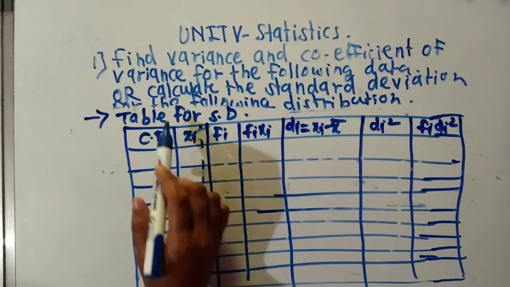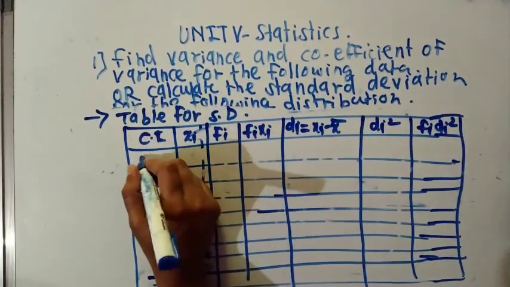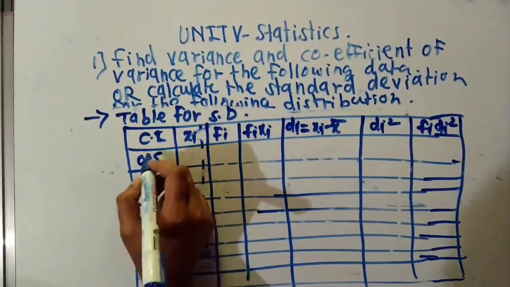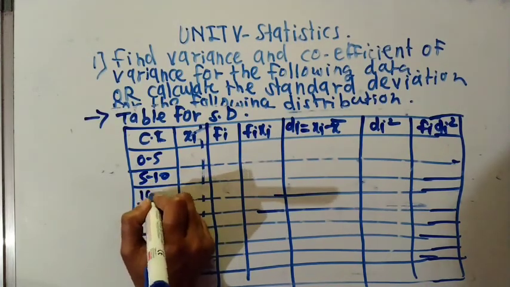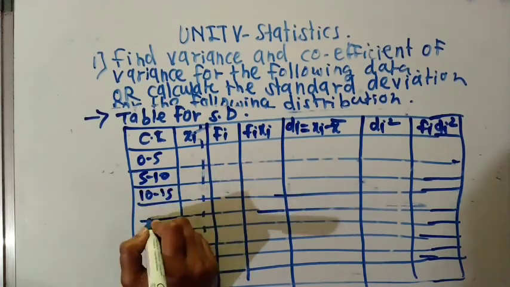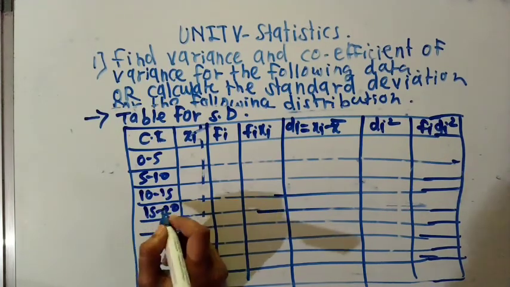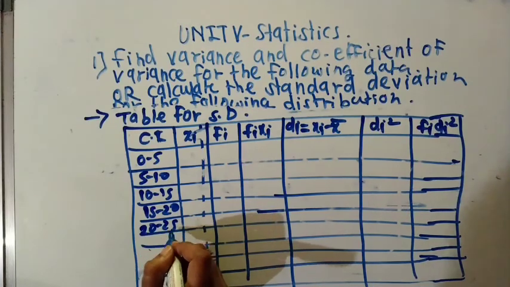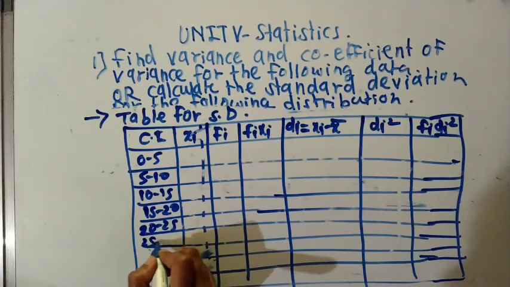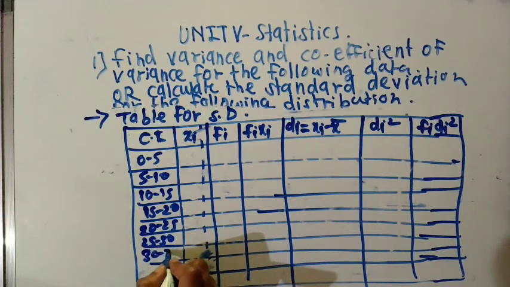Then class interval is 0 to 5, 5 to 10, 10 to 15, 15 to 20, 20 to 25, 25 to 30, 30 to 35 and 35 to 40.